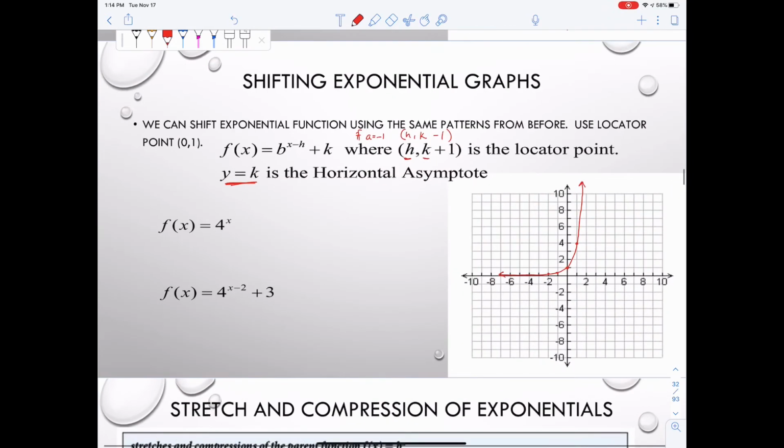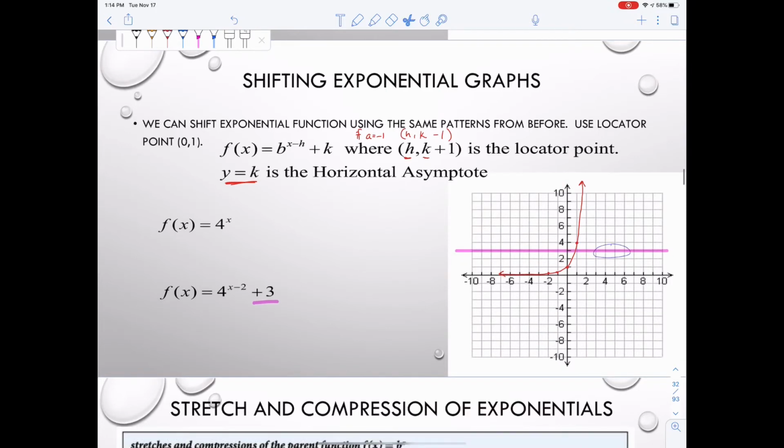Okay. If I want to then graph f of x equals 4 to the x minus 2 plus 3, all right, I'm going to have a horizontal asymptote at y equals positive 3. Again, I'm going to make that dashed. All right.